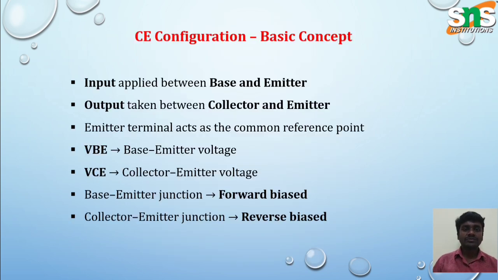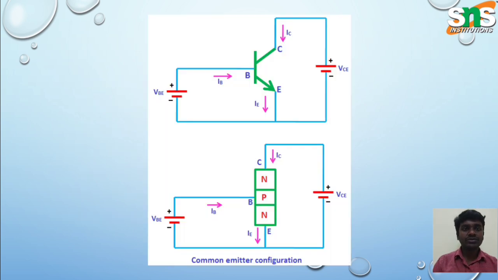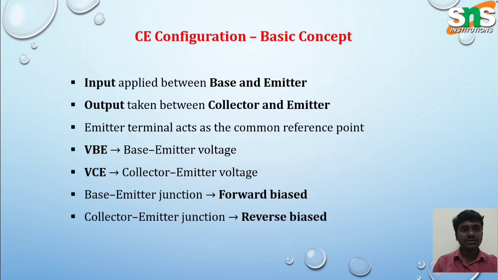Basic concepts for common emitter configuration: input is applied in between the base and emitter. So between base and emitter, we are supplying input voltage VBE, and the current IB is the input current.